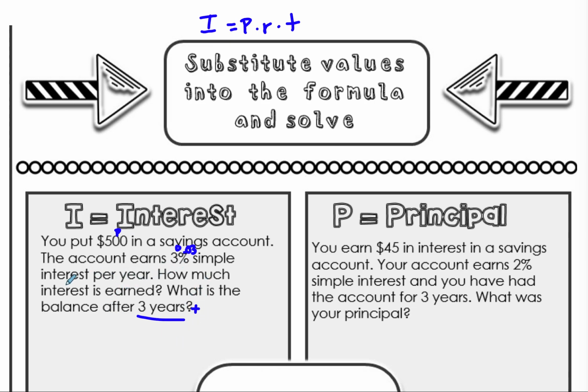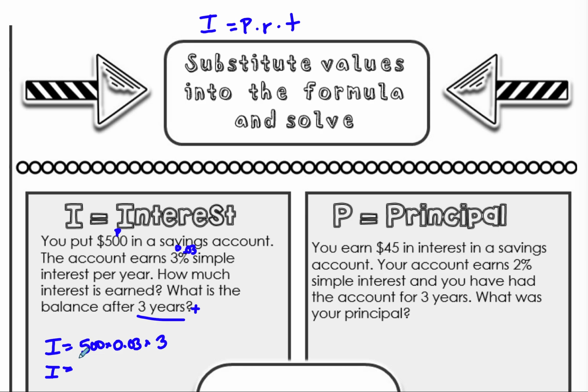Okay, so we're looking for how much interest. Our variable is I. Principal is 500. Rate as a decimal is 3/100ths. And my time is 3 years. All right, so the first thing I'm going to do is multiply.